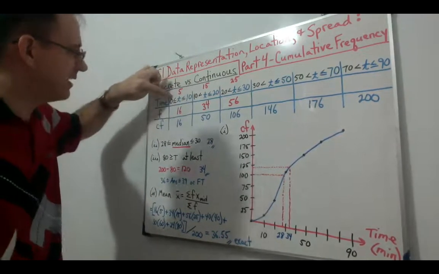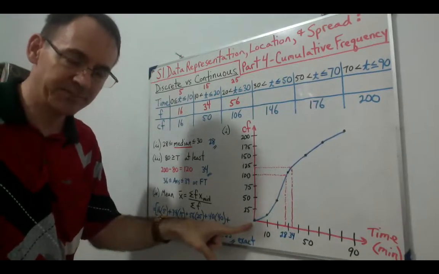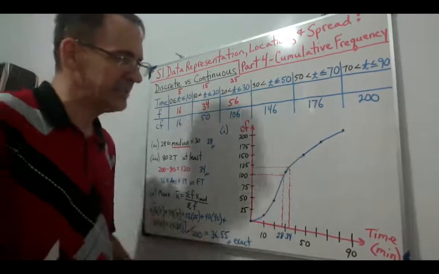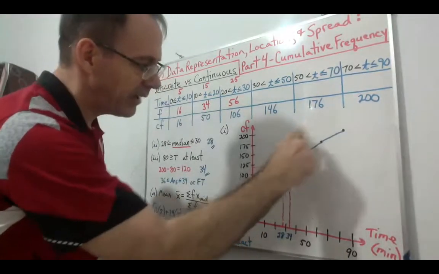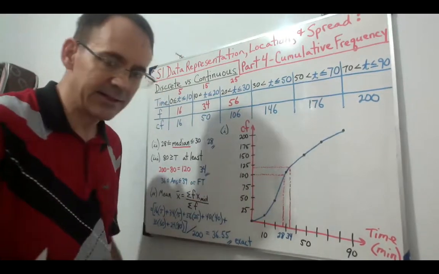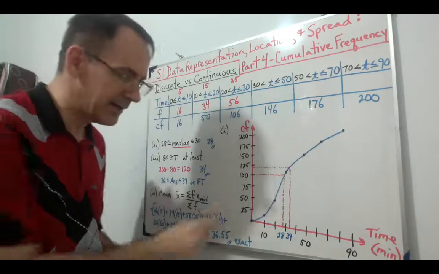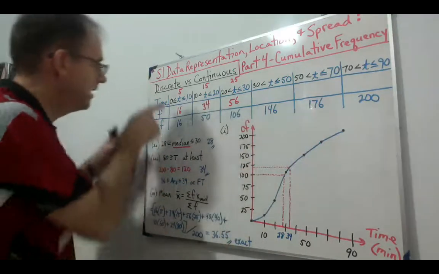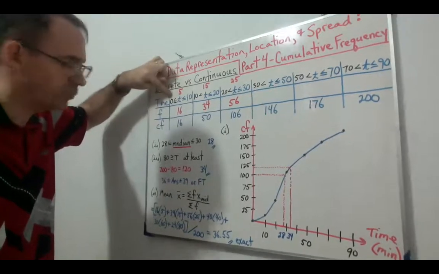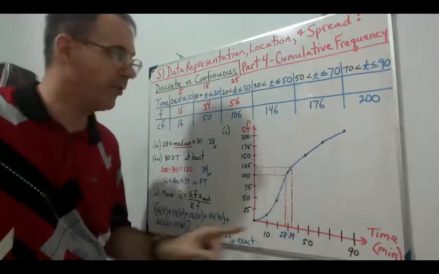In this case, it is 0, so our graph is starting at the origin. But just remember, it does not have to start at the origin. I see some people making graphs, they graph the points, and then when they get to the last line, they just automatically connect it to the origin. Don't do that. Don't automatically connect your last point to the origin. Make sure you're looking at your smallest value here. That's where you want it to connect to the x-axis. So this one does happen to be at 0.